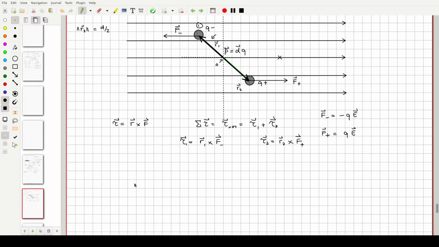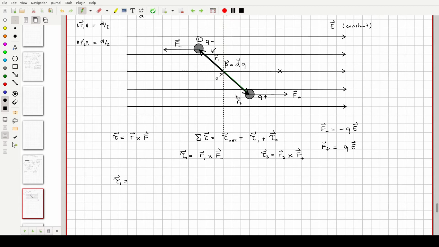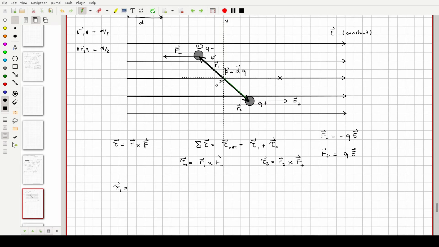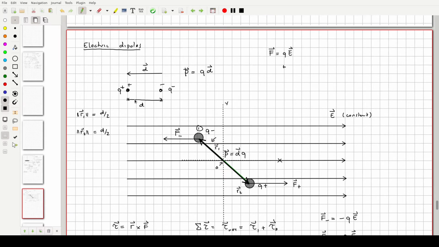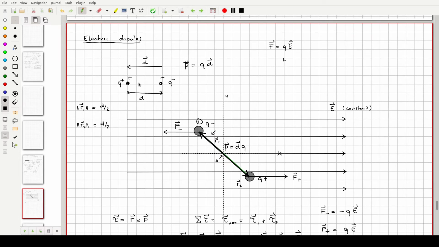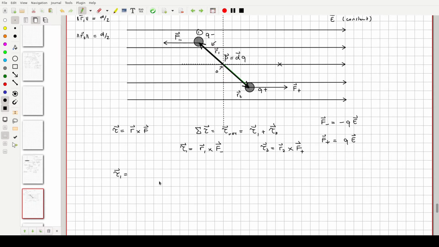Now, R1 and R2 are the same length, it's just they point in different directions. So if I look at torque 1 in terms of D, this R1 points towards the negative charge. Remember, D itself is defined as pointing from negative to positive. So from a directional standpoint, R1 as a vector would be minus D vector over 2.